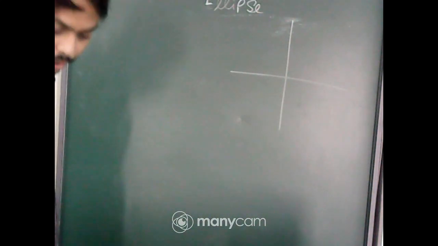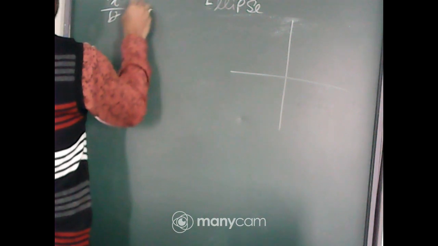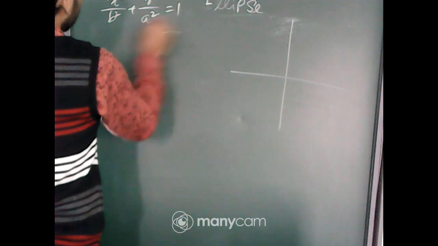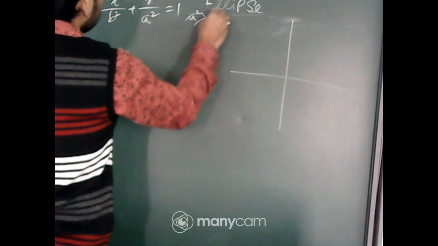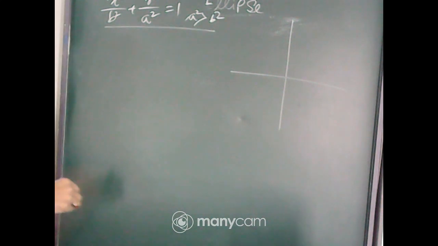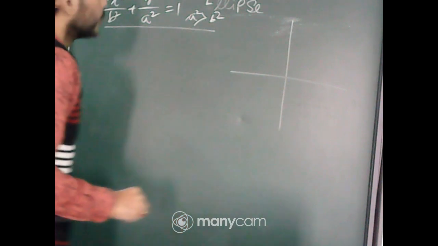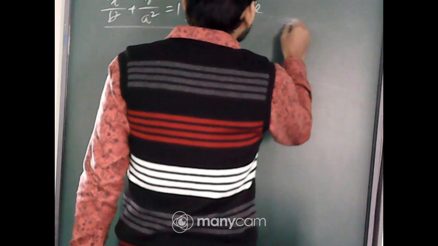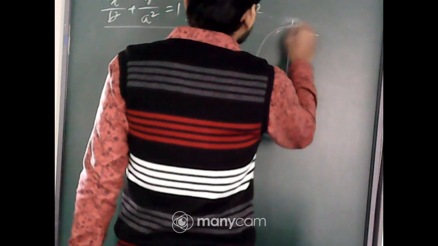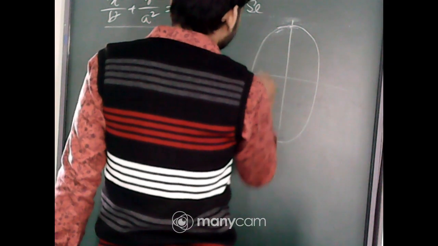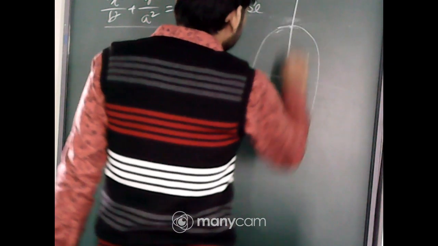That is the equation x square by b square plus y square by a square equals to 1 with a square greater than b square. Here the denominator of y square is greater than denominator of x square. So major axis and minor axis will be changed here. This type of ellipse will be formed.